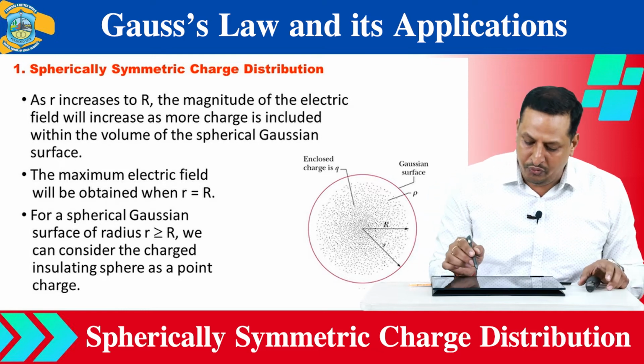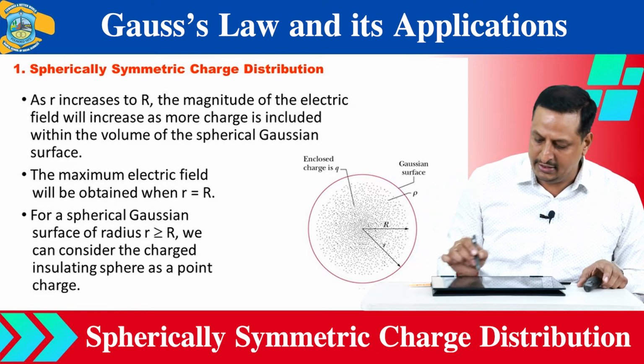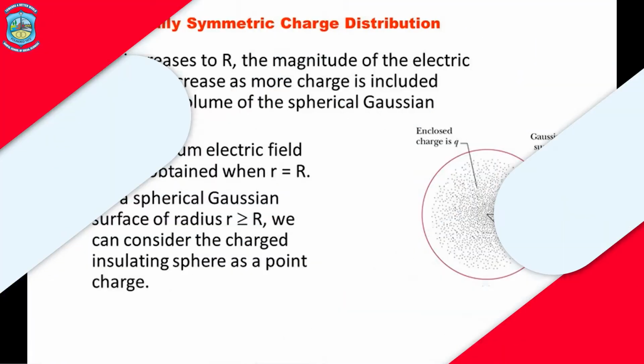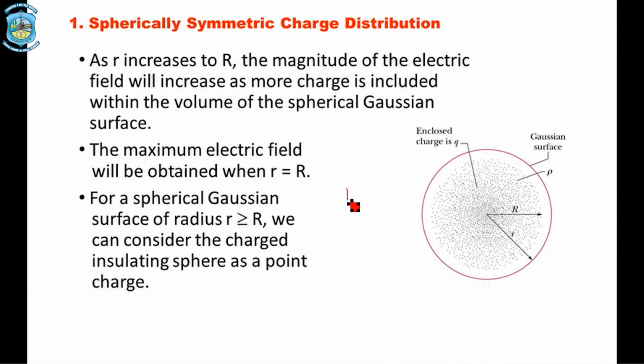So when moving from the center toward the surface, the electric field will also increase, because as per Gauss's law, the surface integral of the electric field is equal to 1 upon epsilon naught times the charge enclosed. Since the charge within this surface is increasing, the strength of the electric field will also increase as we move away from the center towards the surface.